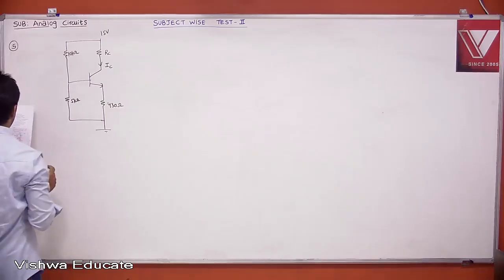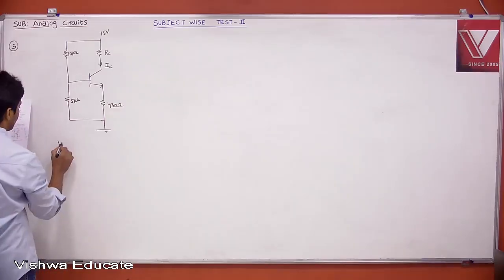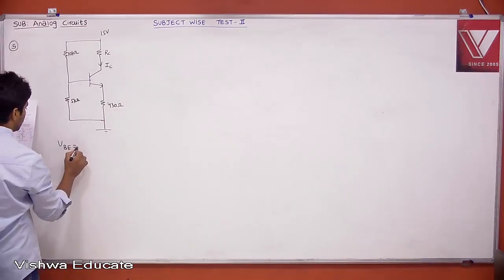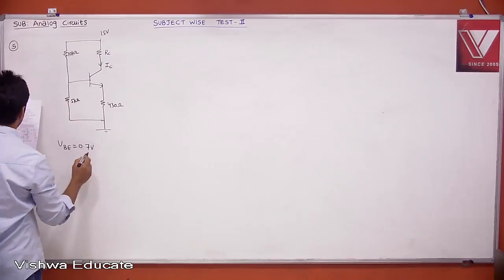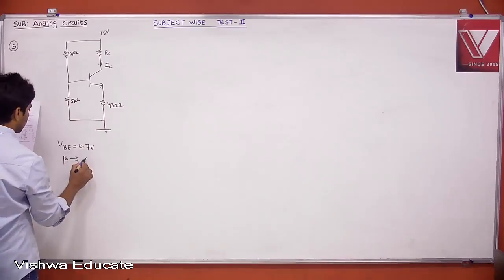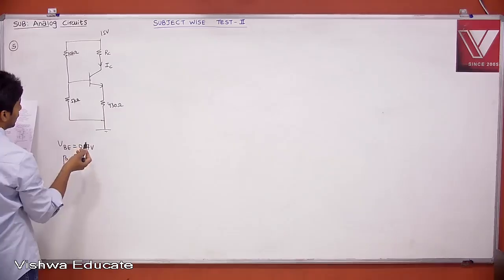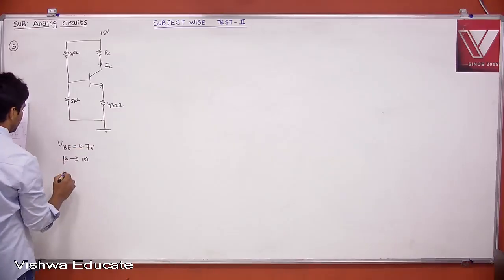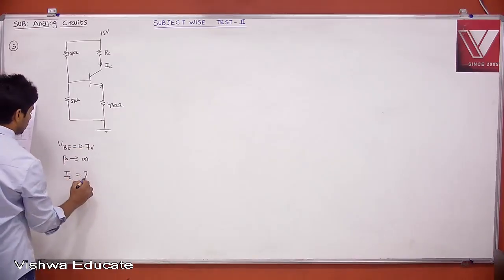VBE is 0.7 volt. This is also given, and beta is very large. When beta is very large, you can neglect IB with respect to IC. Then what is asked is, what is IC?